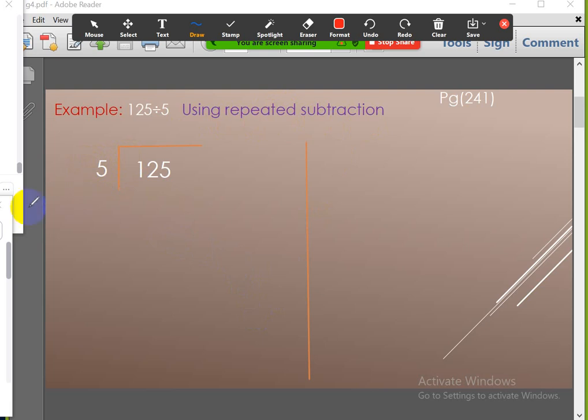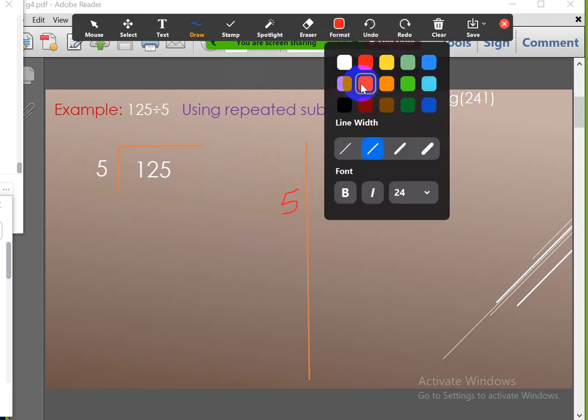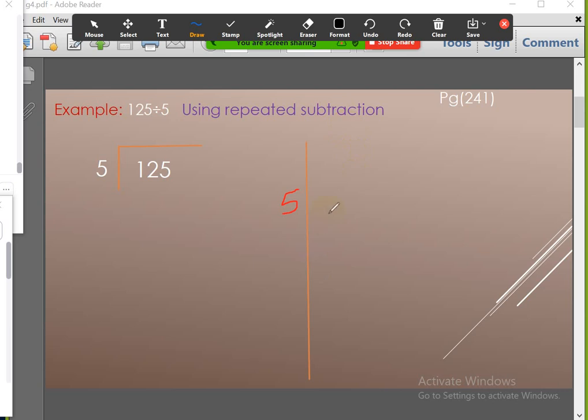So when I want to divide, as an example, 125 on 5, first step, I will choose a number to multiply with the divisor and subtract the answer from the dividend. So first thing, I will take the divisor, which is 5, and I want to multiply this divisor with a number. Which number will I choose?